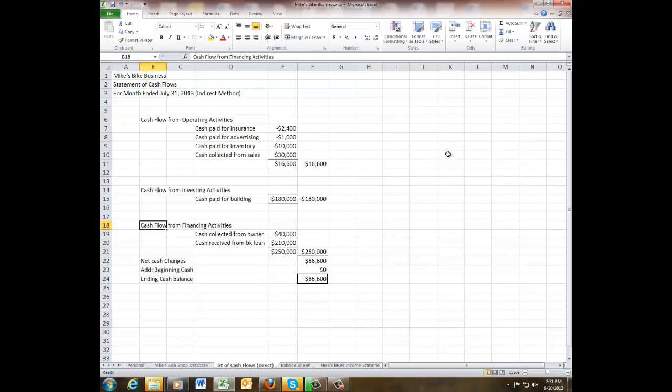Now, in the next lesson, we will show you that there's another way to show cash flow from operations. We know it's $16,600, but most companies prepare cash flow from operations by comparing their direct cash flow changes with the income statement. And in that case, they must reconcile net income to cash flow from operations.